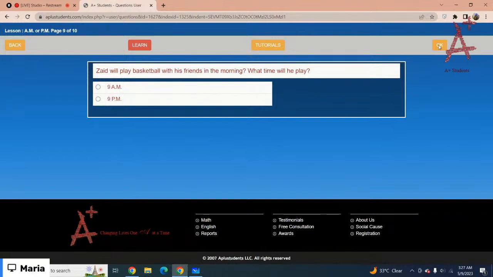What time will he play? In the morning, it would be 9 a.m. The correct option is 9 a.m.